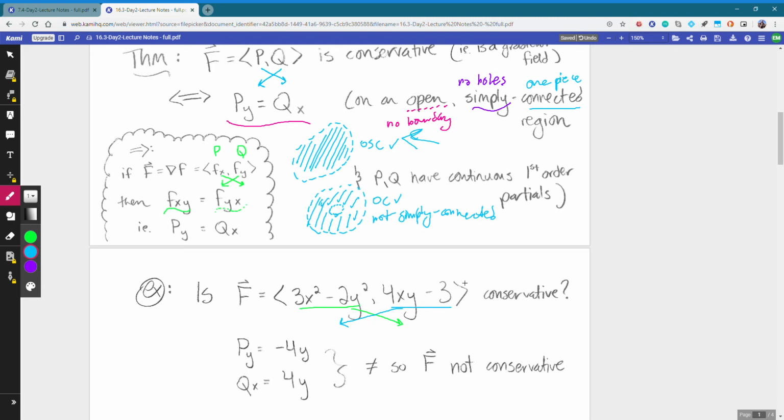And over here, if we take the component on the right's partial with respect to x, we're going to end up with just 4y. And it's as clean as noticing that these are not the exact same, right? This one has a negative. And so because these cross partials do not match up, we can say definitively that our vector field is not conservative. It's not a gradient field.